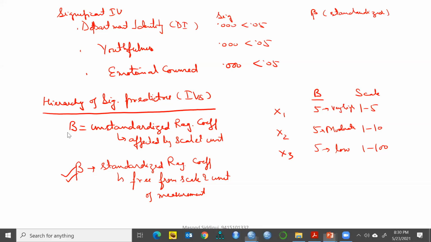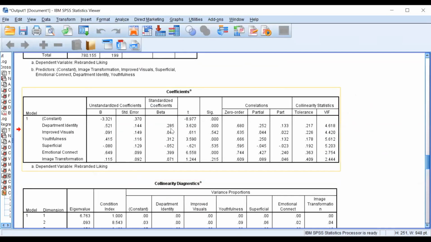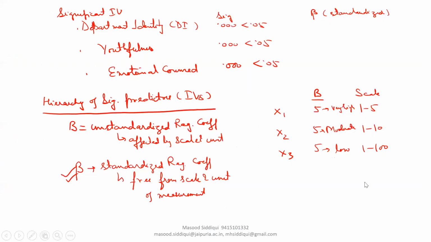The standardized coefficient beta for departmental identity is 0.285.